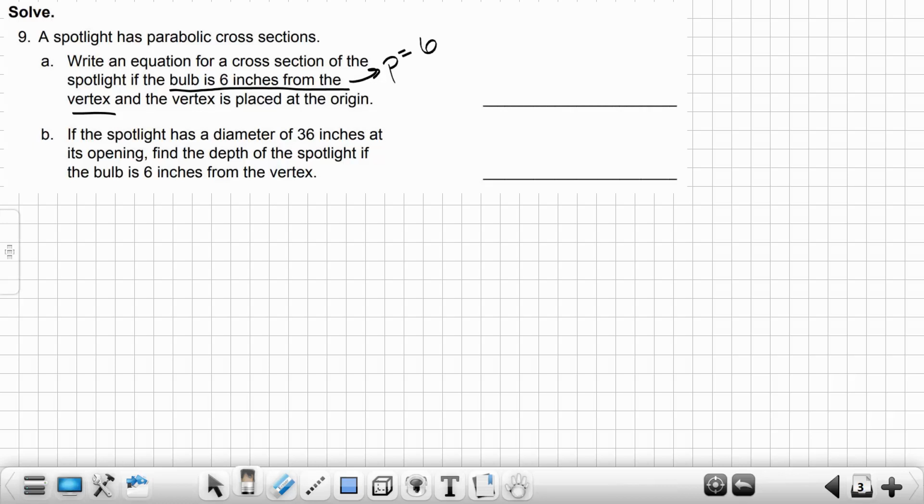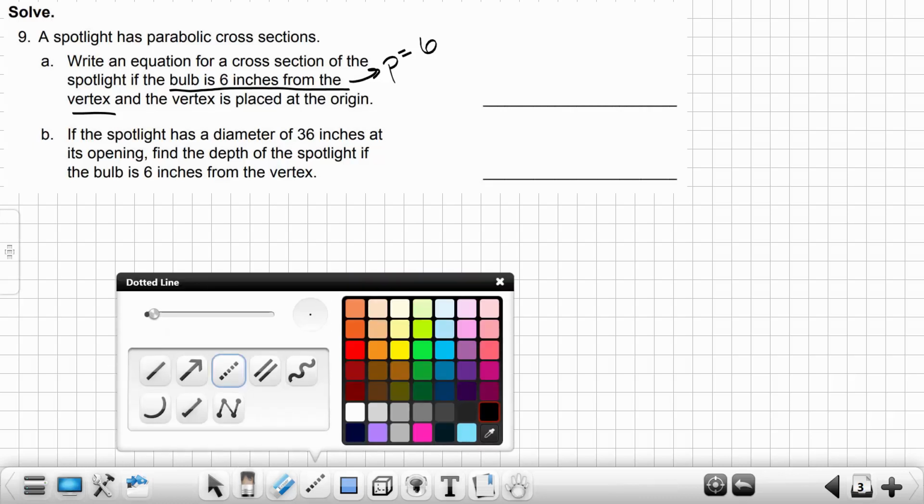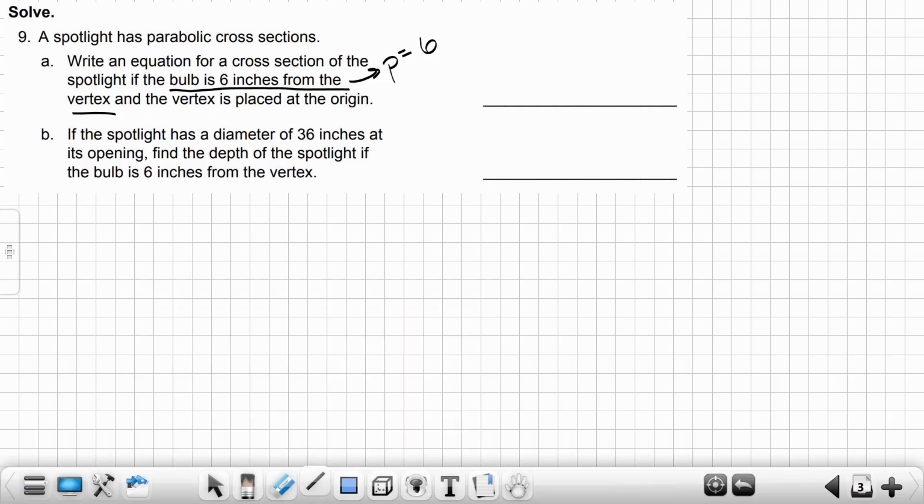P equals 6. So if I were to draw a little diagram for A, it says the vertex is at the origin, 0, 0. And then it says the bulb is 6 inches from it. So the focus is 0, 6.